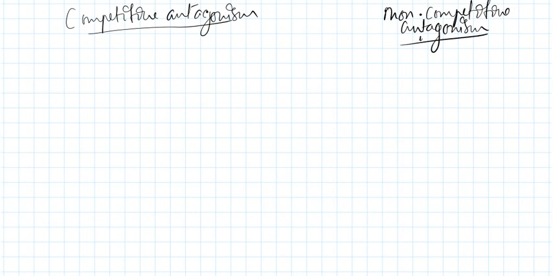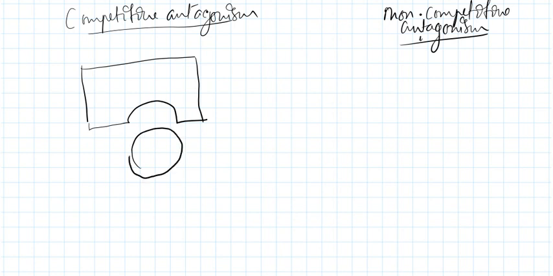Okay, what happens in a competitive antagonism? Before drawing the graph, I will just show you one thing. Just remember, this is a receptor. Receptor side. So we have a main drug and another competitive one.